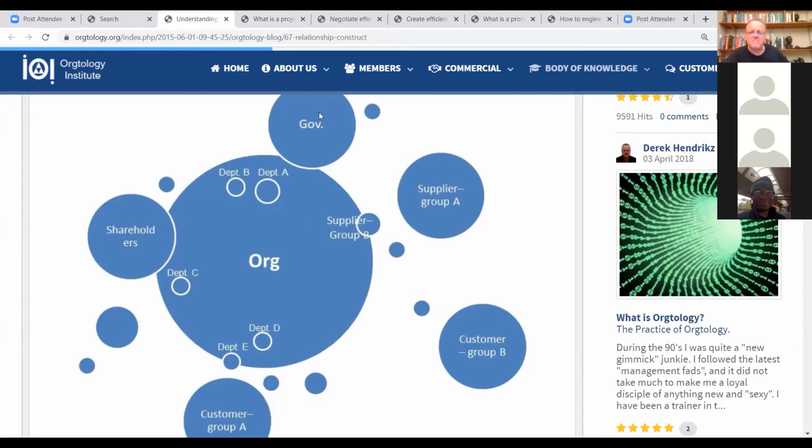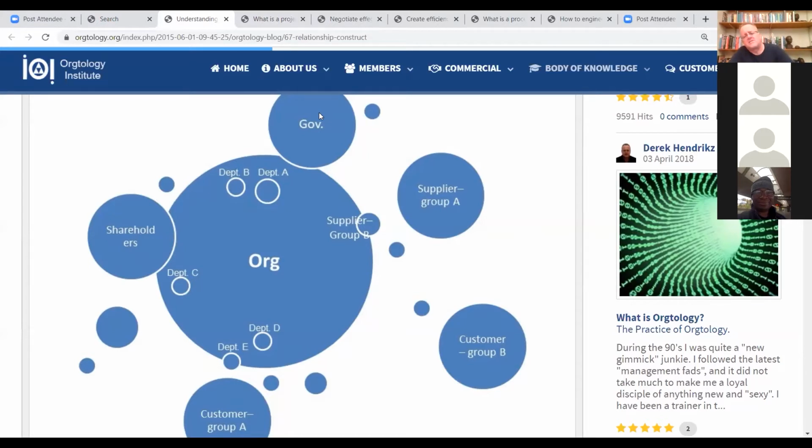Now, if we go back to hypothesis 2x of Orgtology, we talk about receptive and projective elements that must interact for us to have a relationship. So the projection here would be me talking, and the reception here would be you listening, and it might change. As long as we keep this up, we have a relationship. If this ends, then the relationship is over.